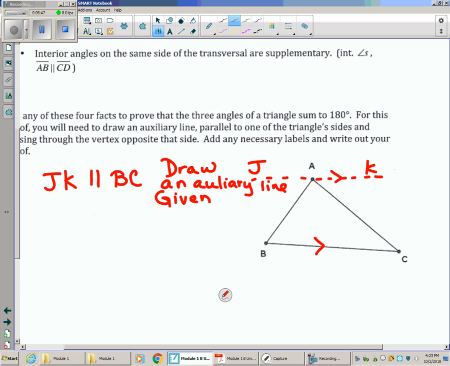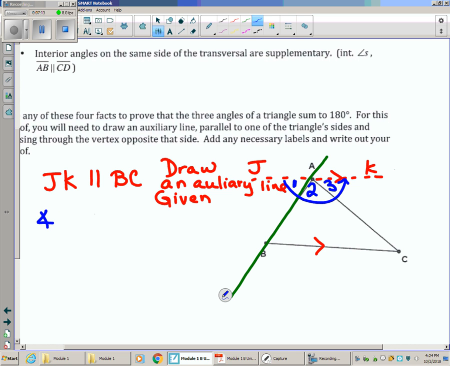All right, so now you basically have a bunch of angles. This is like a transversal right here, right? And so we have angle 1 here, we have angle 2 here, and we have angle 3. Well, those 3 angles are all on one line, so therefore they add up to 180.